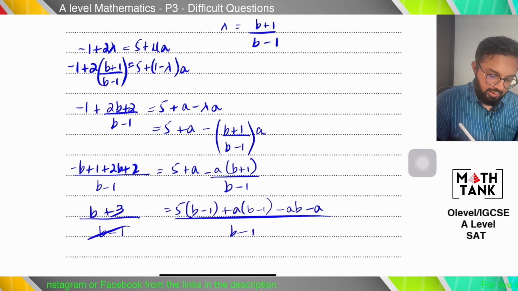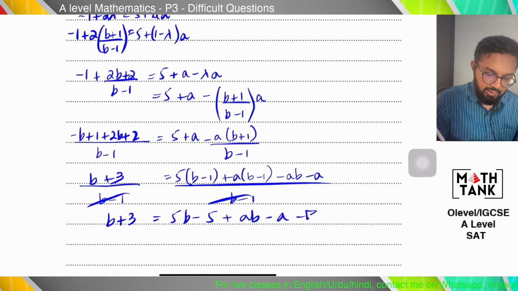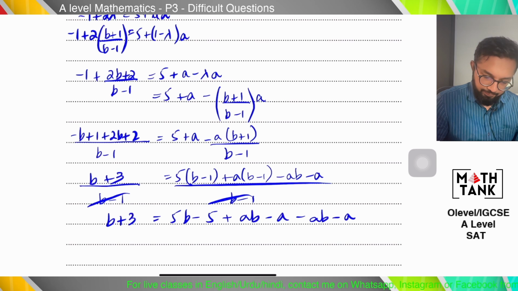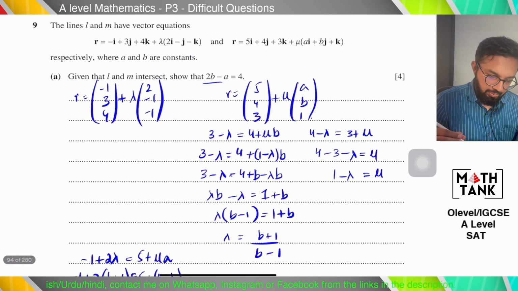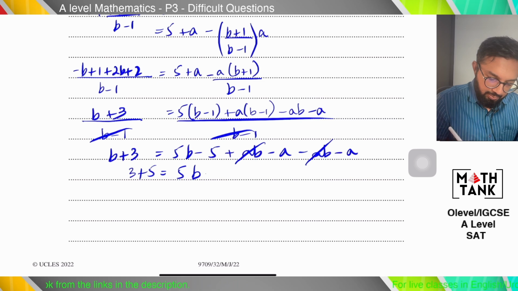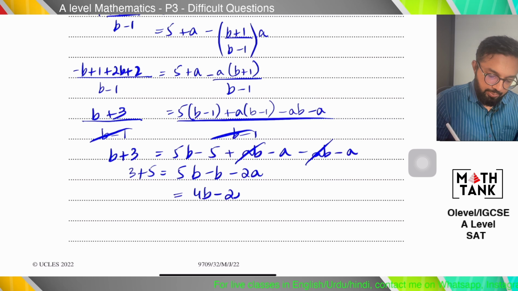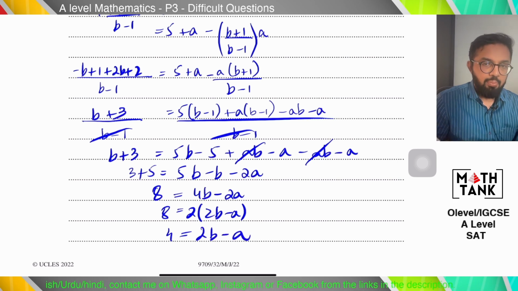So 5b minus 5 plus ab minus a minus ab minus a. So I need 2b minus a equals 4. So 3 plus 5, 5b minus b minus 2a. So 4b minus 2a equals 8. And I proved it. Slightly long, but I don't know if I could have made this shorter. That's the final answer.